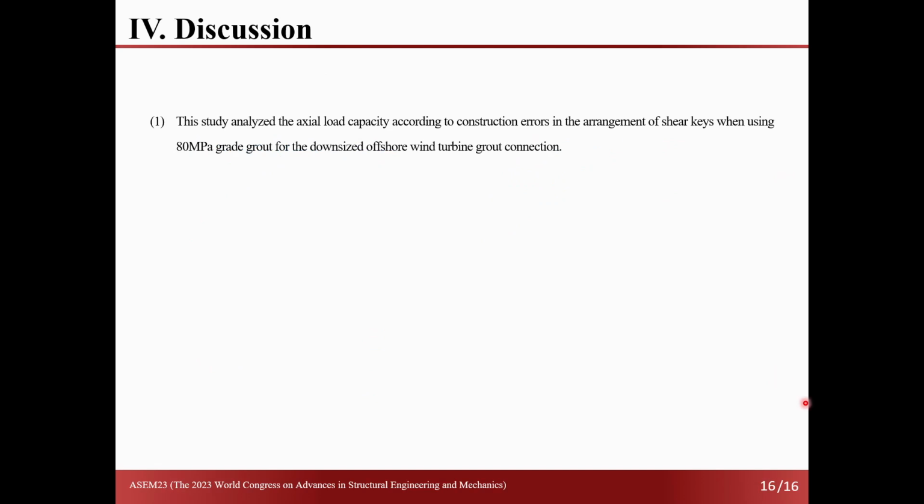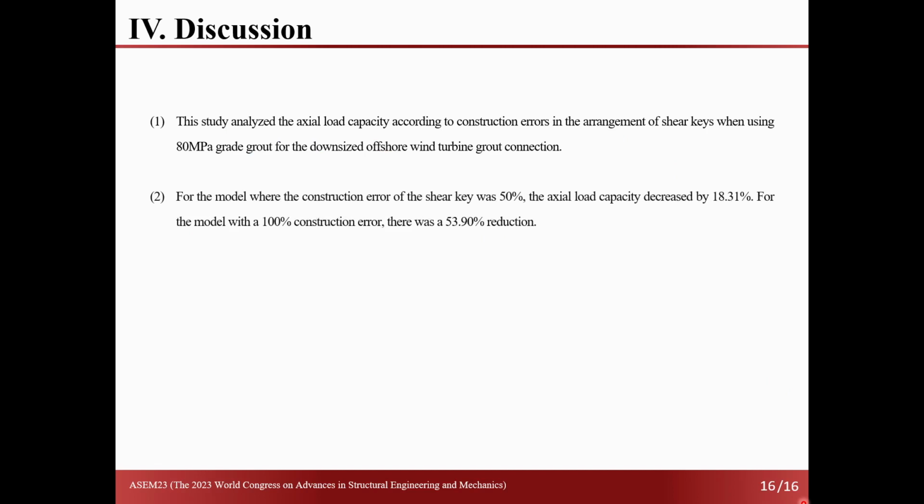This study analyzed the ultimate load capacity according to construction error in the arrangement of the shear key when using 80 megapascal grade grout of the offshore wind turbine grout connection. For the model where the construction error of the shear key was 50%, the ultimate load capacity decreased 18.31%.